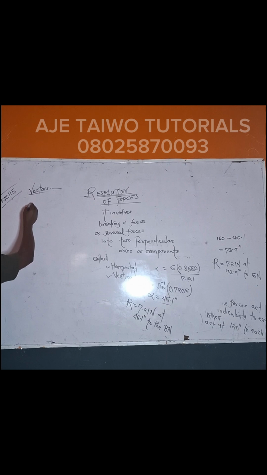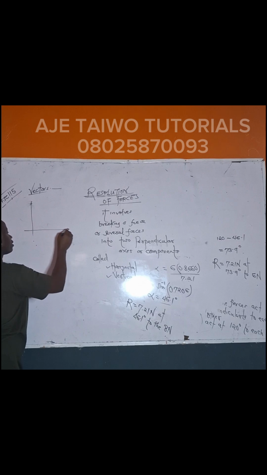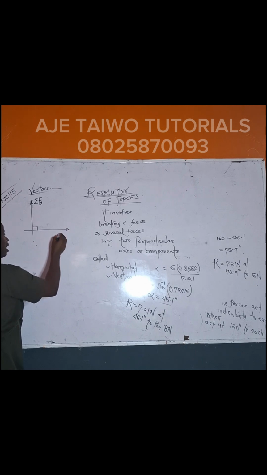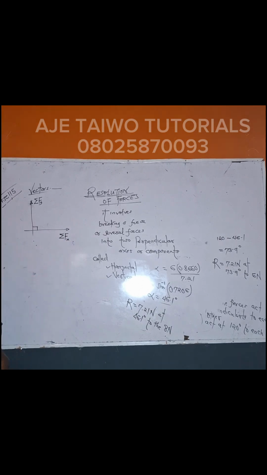See the board. I want to break many forces. This is the vertical component. This is vertical. We call it summation Fy. This is horizontal. We call it summation Fx. Summation Fy means you have added together all the vertical components.